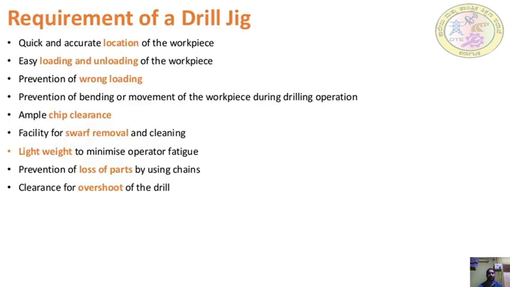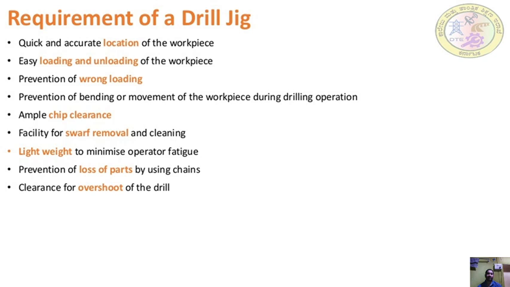So these are some requirements of a drill jig. Quick and accurate location of the workpiece will be done by the drill jig. Easy loading and unloading of the workpiece. Prevention of wrong handling of the workpiece.